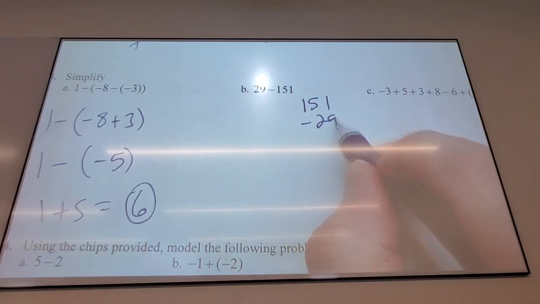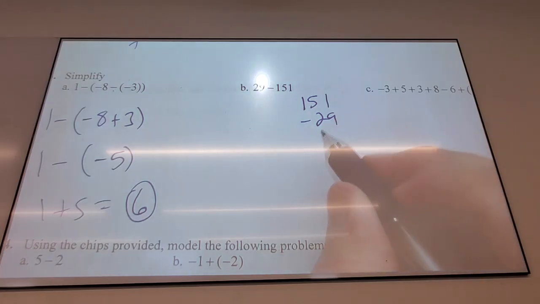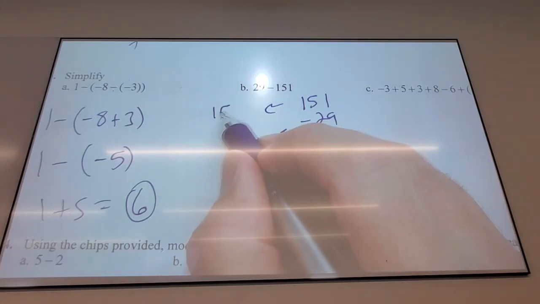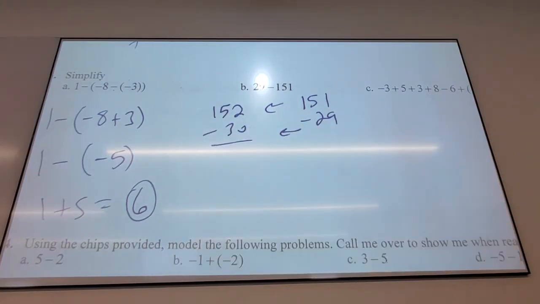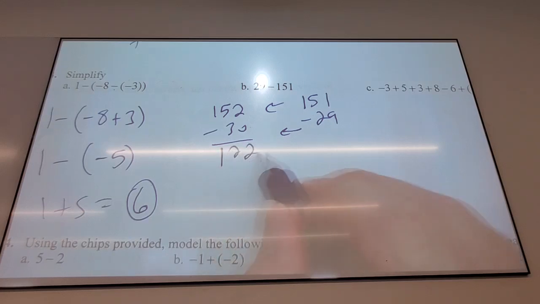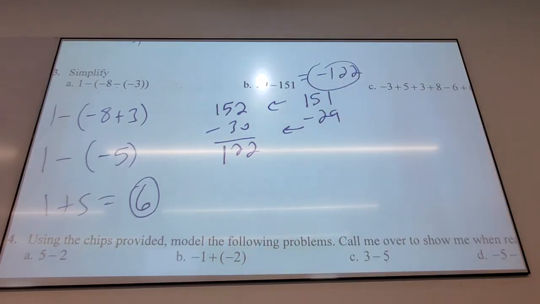Then just throw a negative sign, change the sign. So I'm going to use equal additions to make this 152 minus 30. That's much better, right? And what do you get there? 122, and then the answer to this would be negative 122.